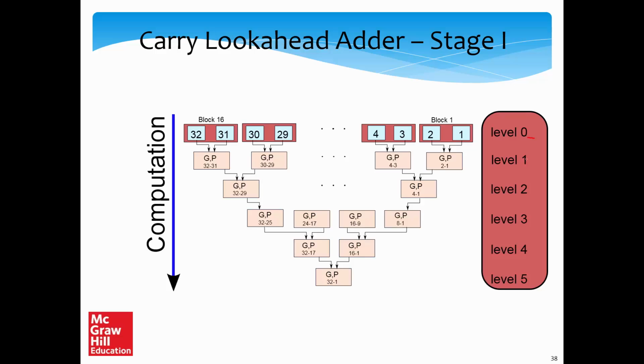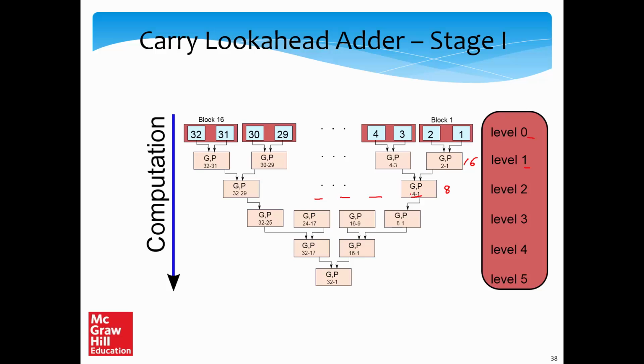So this is level 0, this is level 1. In the next level, we compute the GNP functions for 4 bit pairs, from 1 to 4, similarly other groups of 4 and so on. So at this point we have 16 blocks. At this point we have 8 blocks.